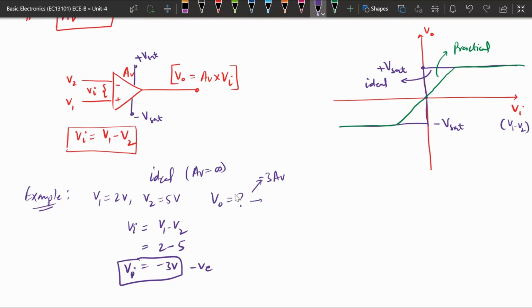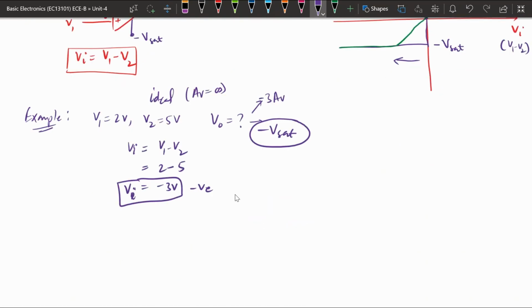If Vin is negative, this is the curve. Vin negative means Vin lies on the left side of the y-axis. So if it is on the left side or negative side, the output will be minus V sat. It is shown here by the curve. So it will be a constant, that will be minus V sat. So the output will be minus V sat.